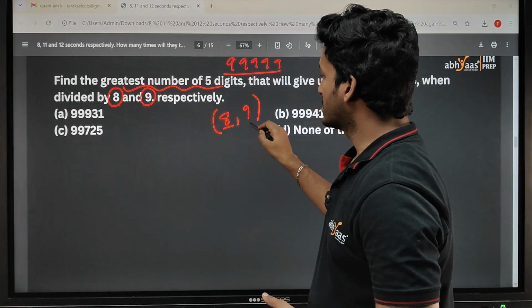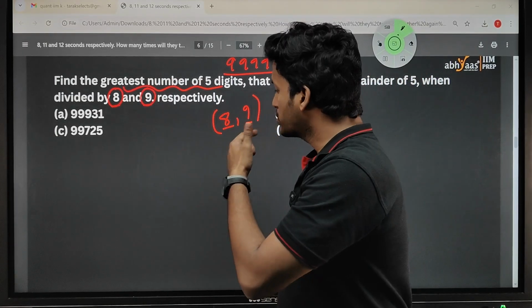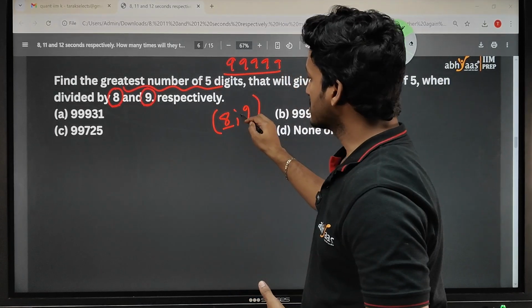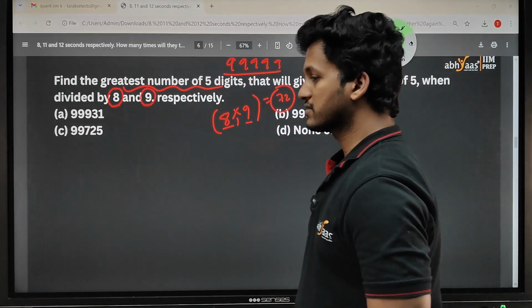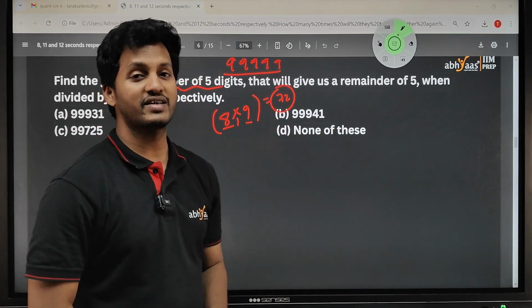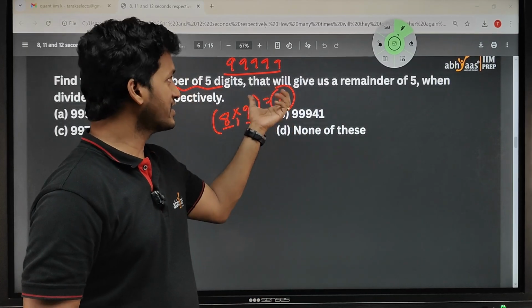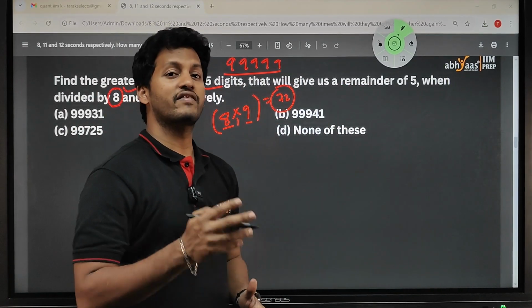And here we see these two are consecutive numbers, and we already know that two consecutive numbers are always co-prime to each other. So co-prime means 8 into 9, 72. So the meaning of this is the greatest 5-digit number that leaves a remainder of 5 when divided by 72.